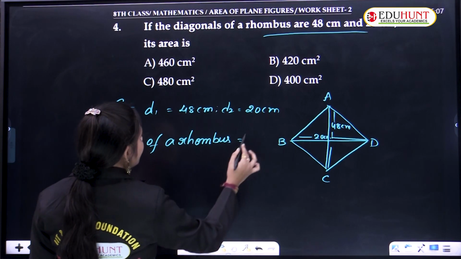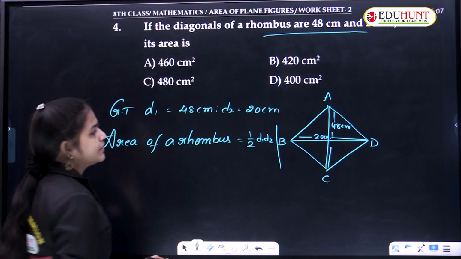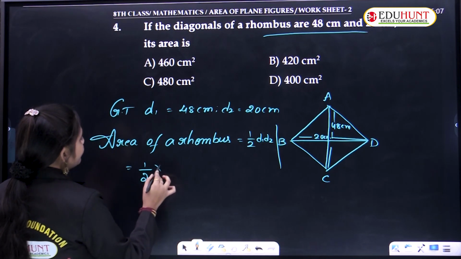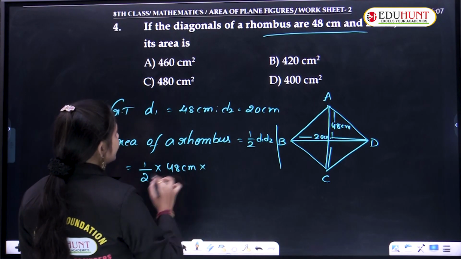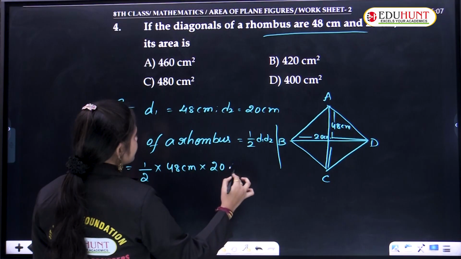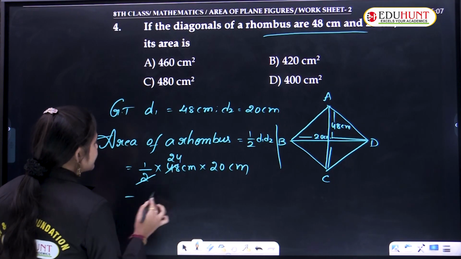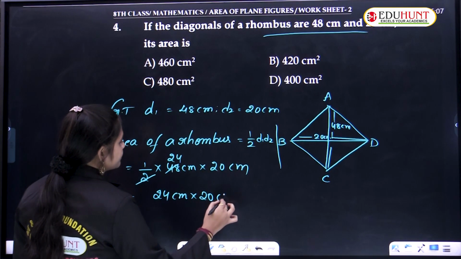Half D1 D2, which is equal to half into D1, 48 centimeters, into D2, 20 centimeters. Okay, cancellation, 2 into 24, which is equal to 24 centimeters into 20 centimeters.